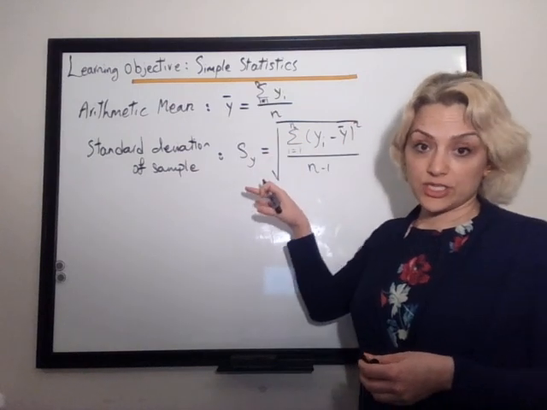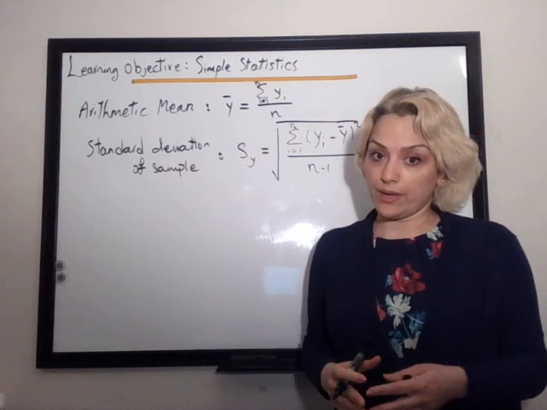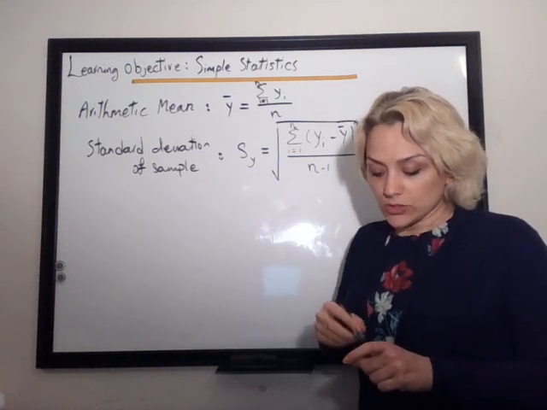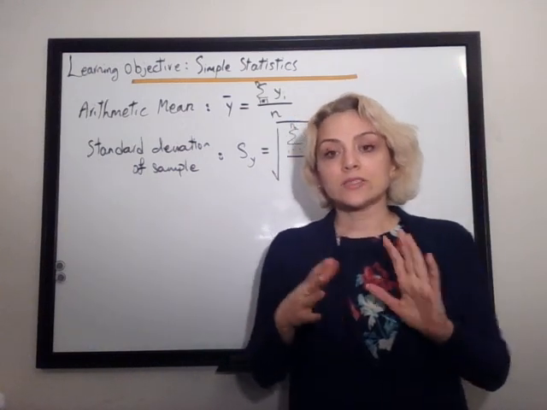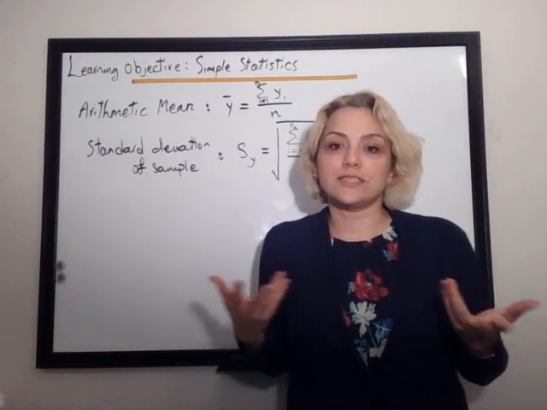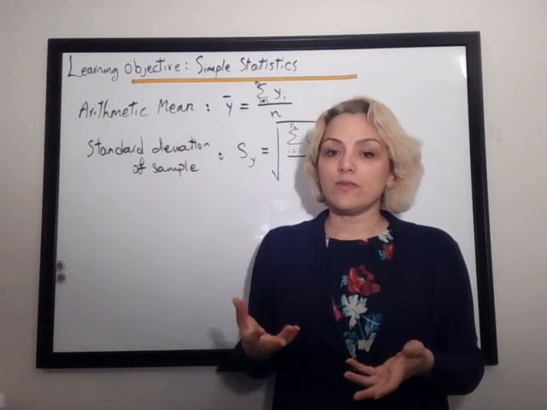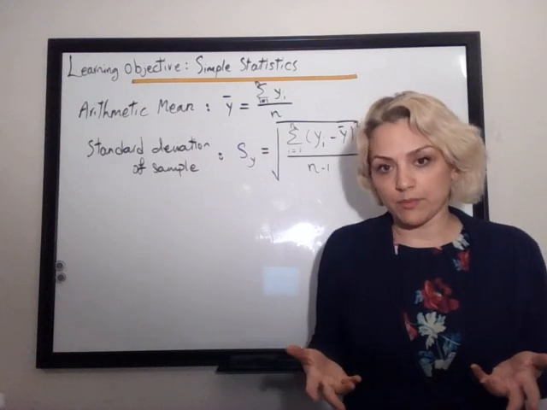These two definitions are the mean and the standard deviation of a sample. If it was a population, these equations would be different. The difference between population and sample, if I want to tell you quickly, is this: let's say we want to consider something in the whole of Canada. Everyone who lives in Canada would be the population.